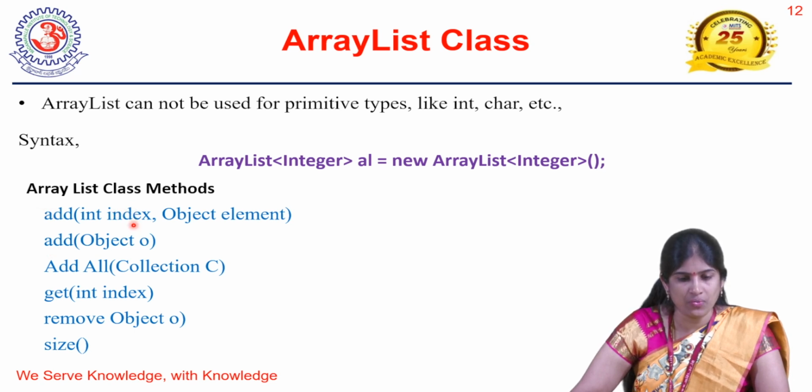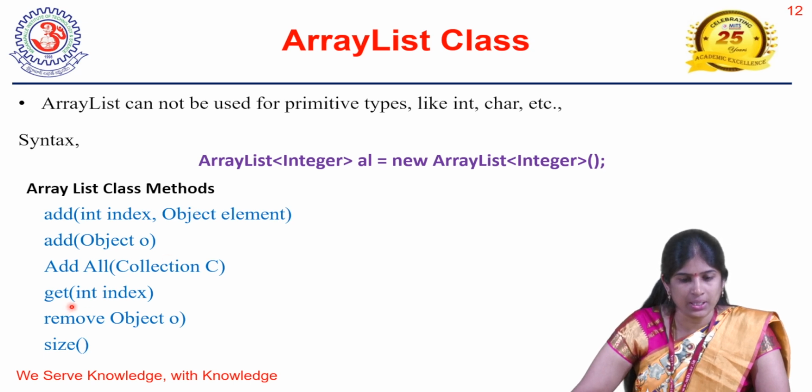And without specifying an index, you can add an element with the add method. You can give the element directly, so that the element will be added at the end of the array list. Another method you have is the addAll method, where you can add one collection to another collection. One array list can be added to another array list.